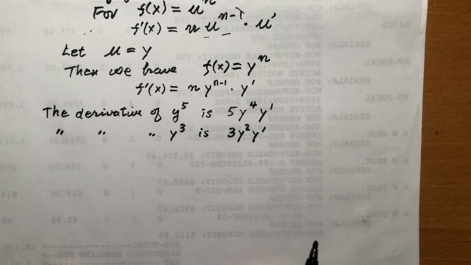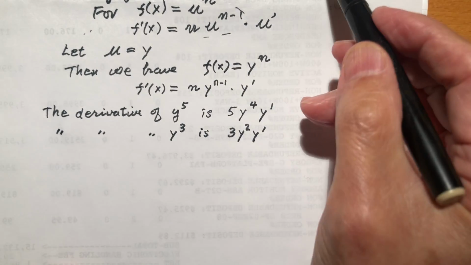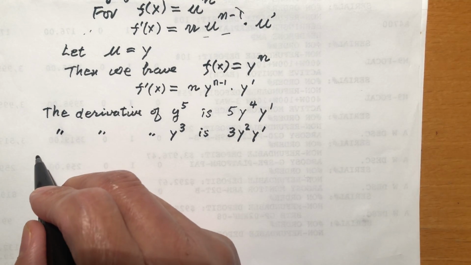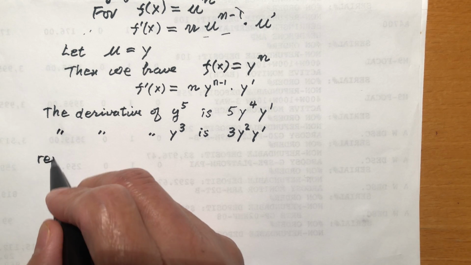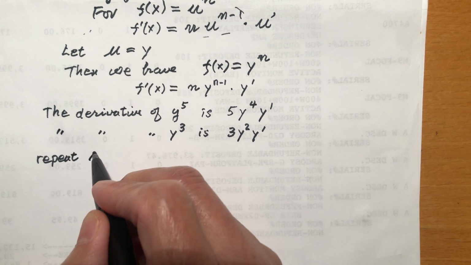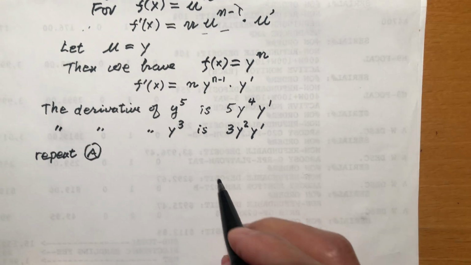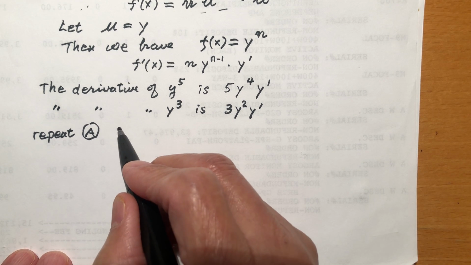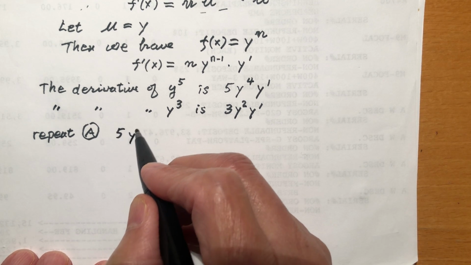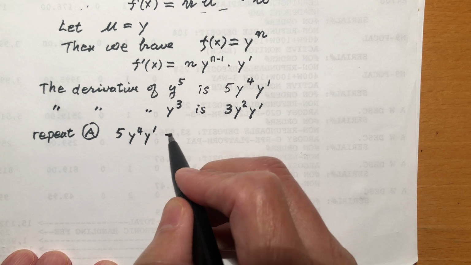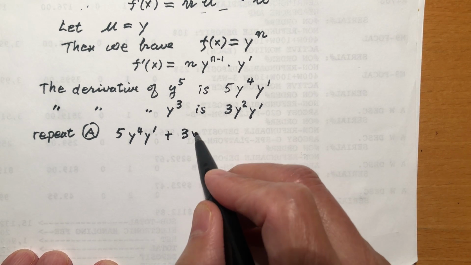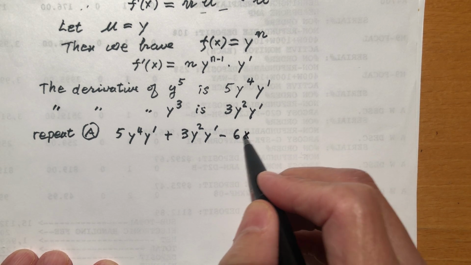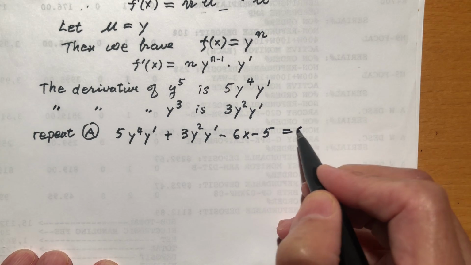Then we can continue from equation A now. So let's repeat, let's copy and rewrite our equation A. 5y to the power 4 y prime plus 3y squared y prime minus 6x minus 5 equals 0.